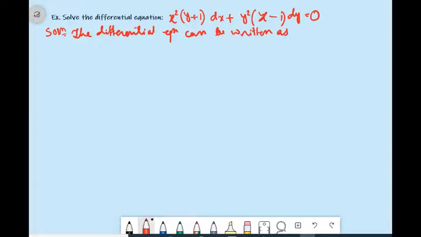So if you divide both sides by (y + 1)(x − 1), it will become x² divided by (x − 1) dx plus y² divided by (y + 1) dy is equal to 0.